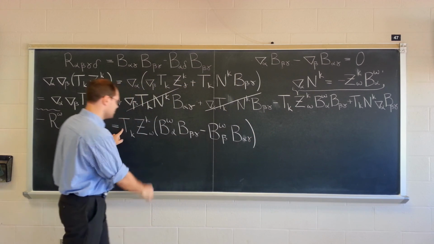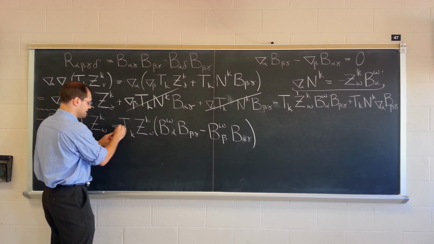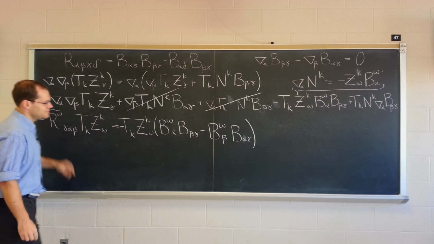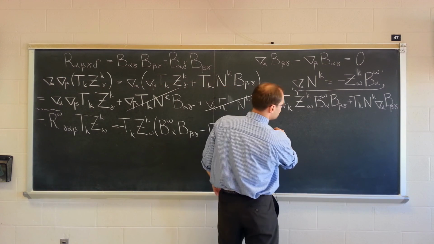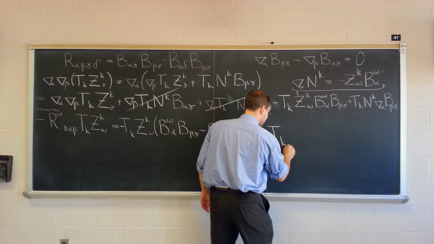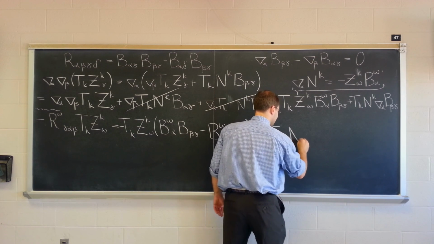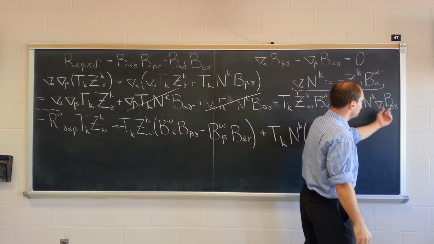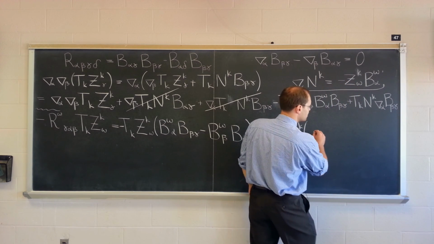Then let's keep the minus sign out here, not forget about it. We'll later cancel it with this minus sign. But now we have to write plus T sub k and k. And in parentheses we have this term minus the term with alpha and beta switched.